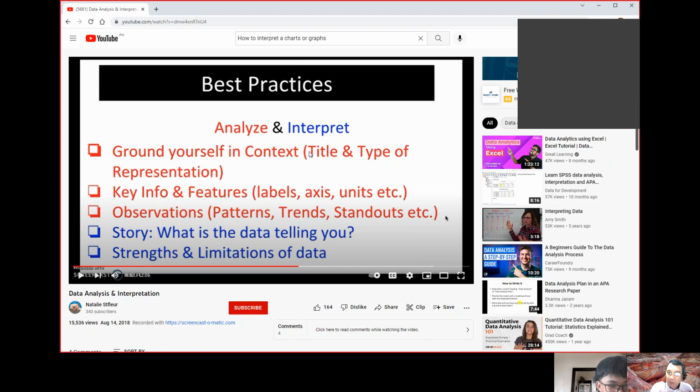Why analyze first before moving on to the interpretation part? Because we cannot interpret first before analyzing, right? Yes. It should be analyzing first, and then after you analyze, you have to interpret that.